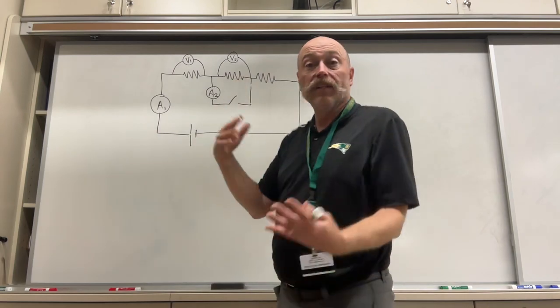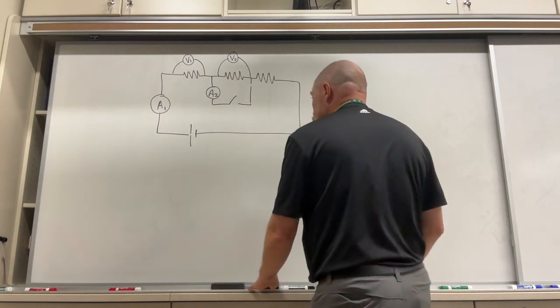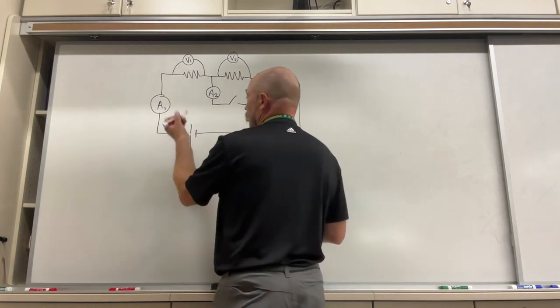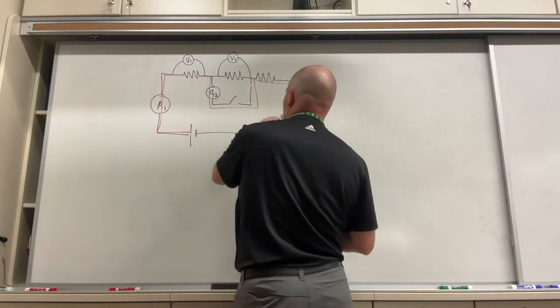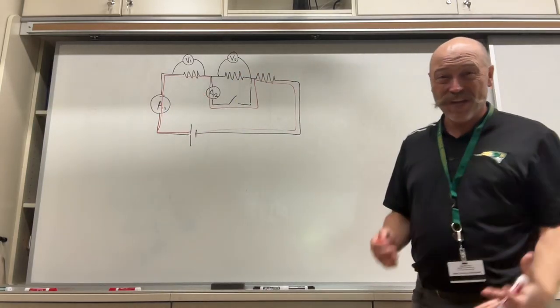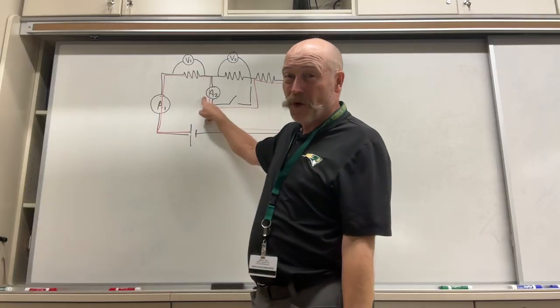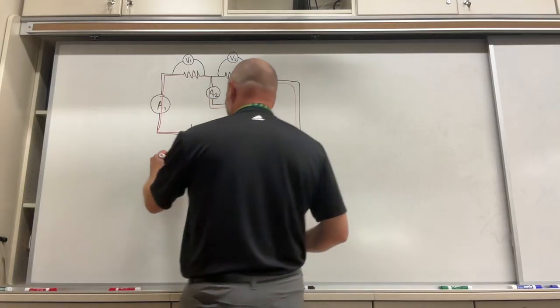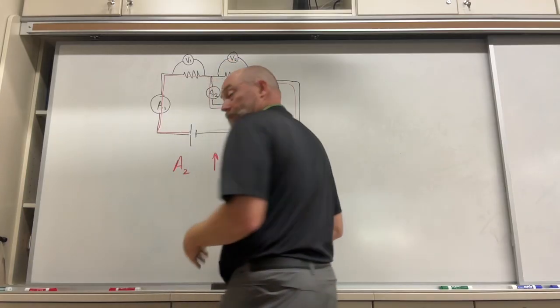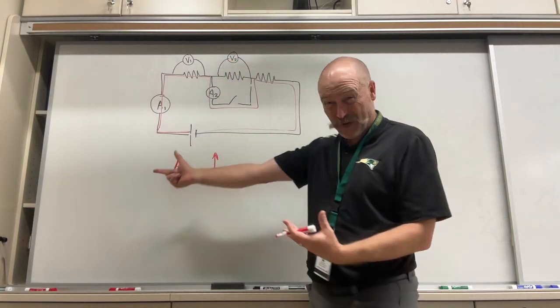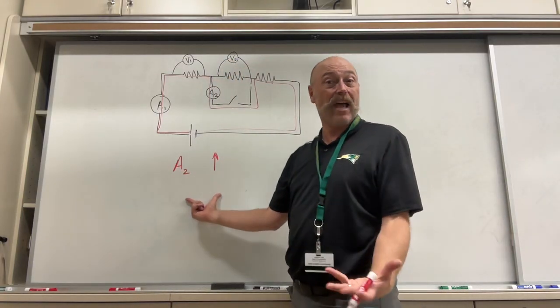All right, so let's talk about closing the switch. I'm going to trace the current. This is the path of the current. You can see current is now going to flow through A2, so A2 is going to increase because it went from 0 to not 0. It got more current.